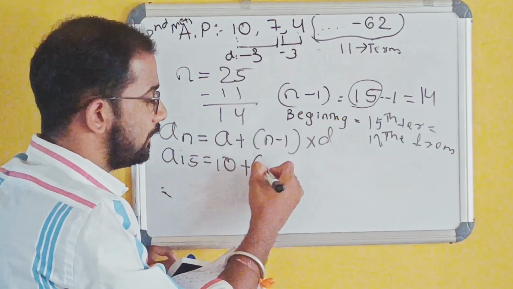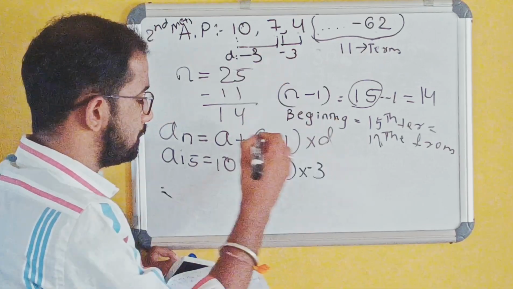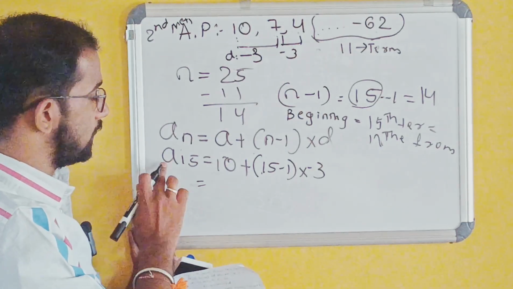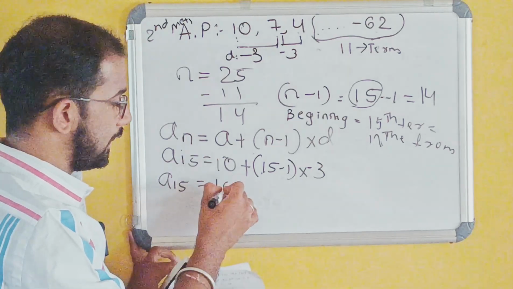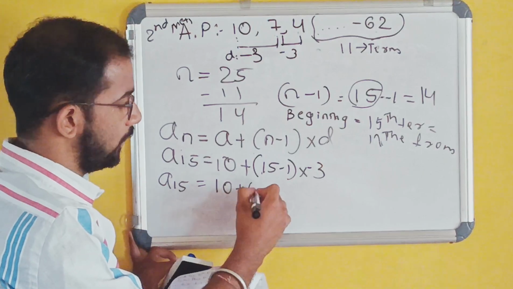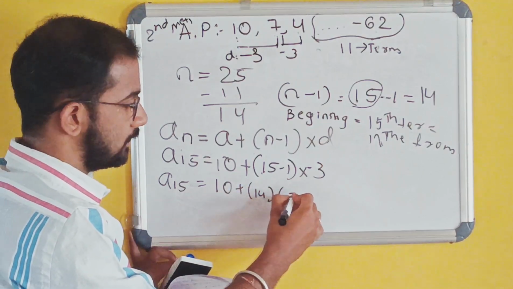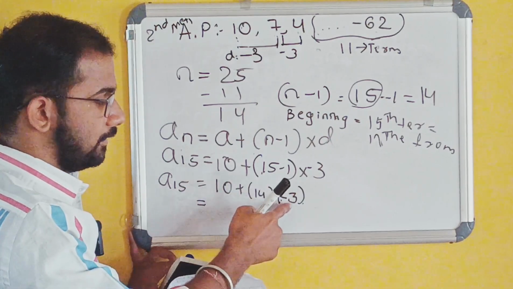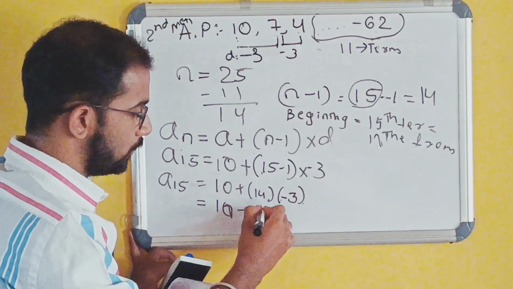That's simple. 15 minus 1 into d, which is minus 3. A15, what is the last term over here? A15, don't know, keep it as it is. 10 plus 15 minus 1, that is 14, into minus 3. 14 threes are 42.